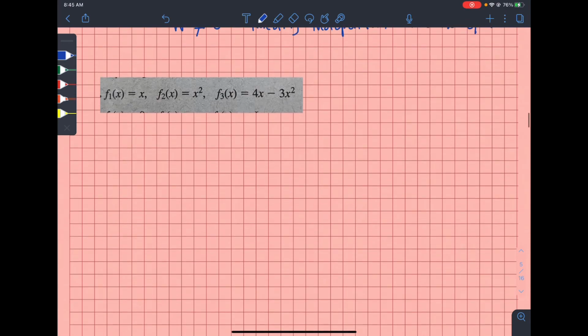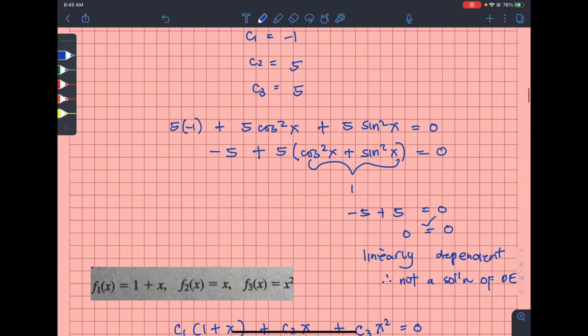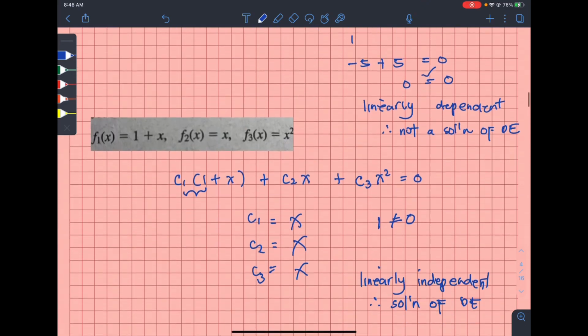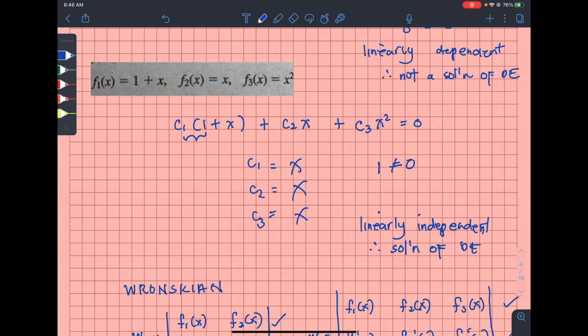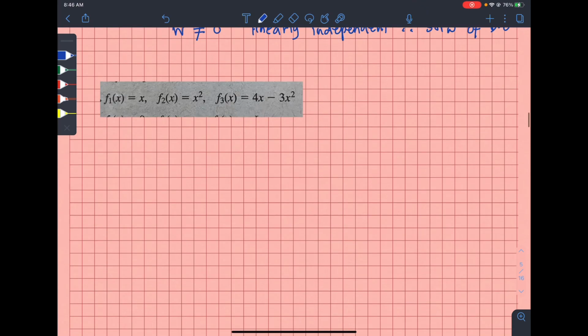For our other example, we can see here that this is the same as the third one. So 1 plus x, and x squared, right?